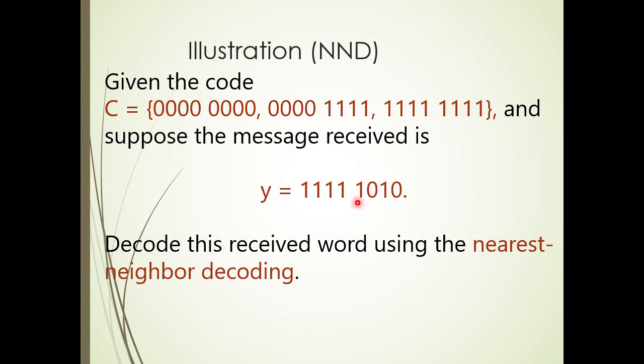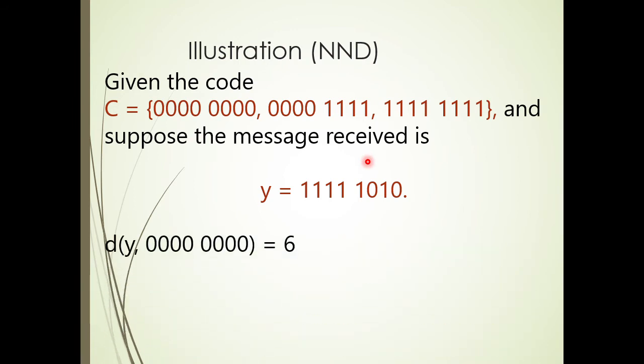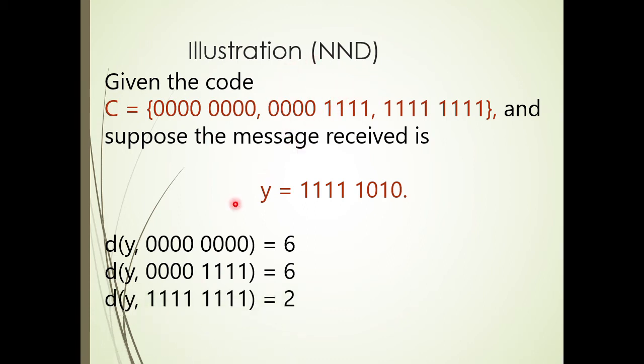So the idea is we will get the distance of y to each and every valid code word. So distance of y with this code word is 6. Hamming distance of y with the second code word is also 6. And then finally, Hamming distance of y with the third code word is 2.